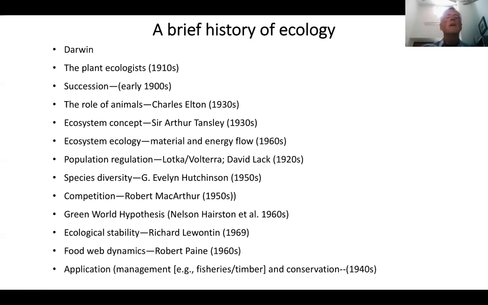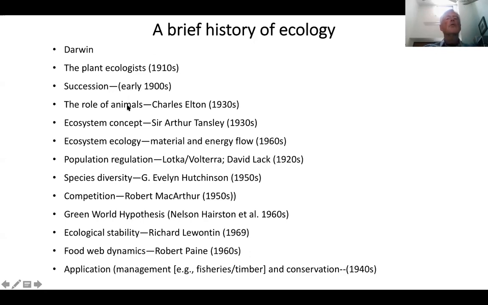Organisms die. There's a freeze of some sort or whatever. Nature is constantly being disturbed, and those disturbances are followed by recoveries. And those patterns of recovery are what are called succession. So there's a huge amount of the field of ecology that focuses on succession.